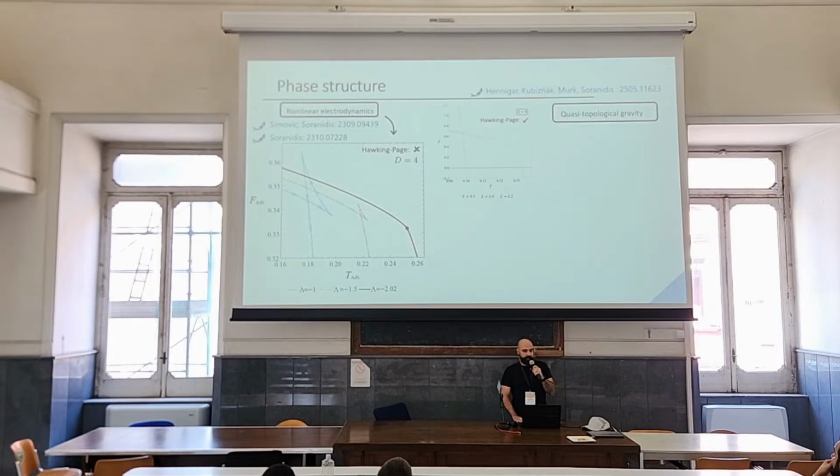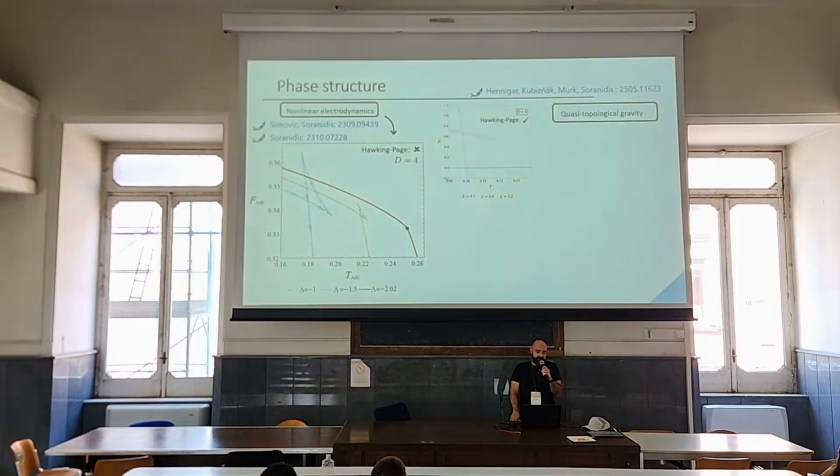However, the situation will be different within quasi-topological gravity, where despite the fact that the parametric plot has a similar structure to the 4-dimensional one, here the magnetic charge is absent, and this means that the F equals 0 line will be accessible, and therefore the Hawking-Page transition will be allowed in this particular case.